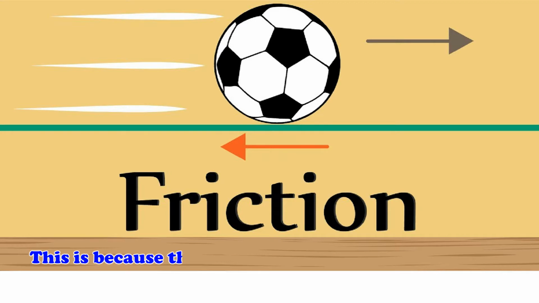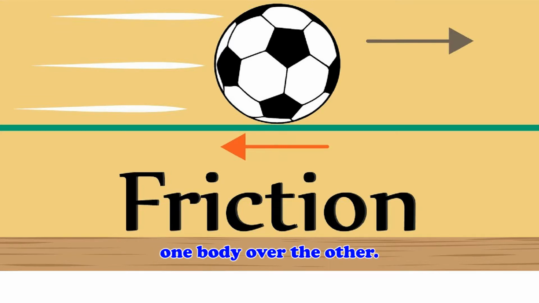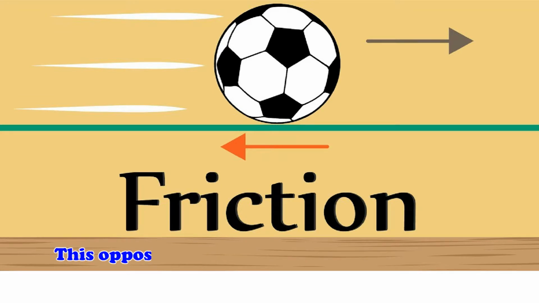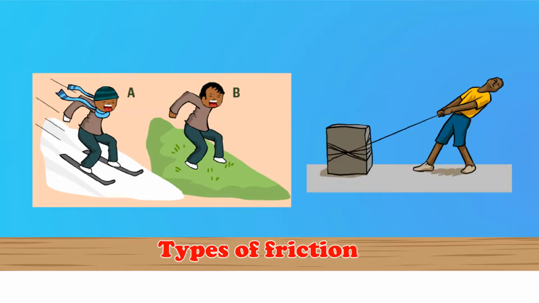This is because there is usually another kind of force which acts to oppose or prevent the movement of one body over the other. This opposing force is known as friction, and its magnitude depends on the nature of the surface of the bodies in contact. Types of friction.